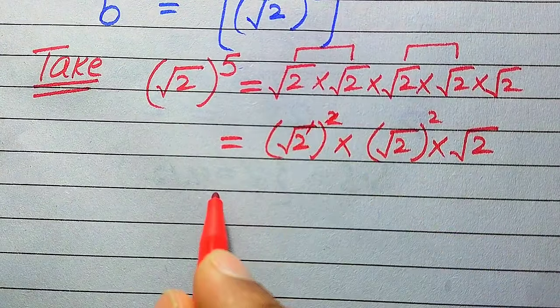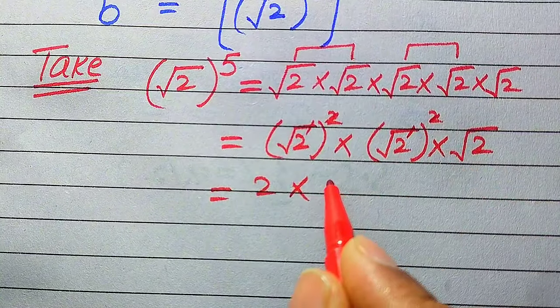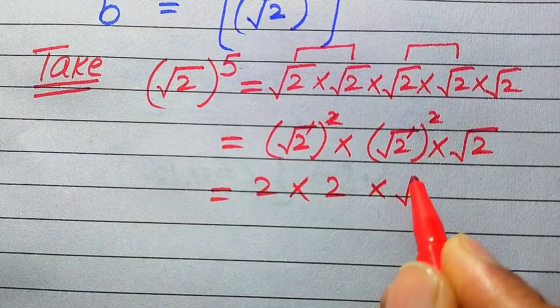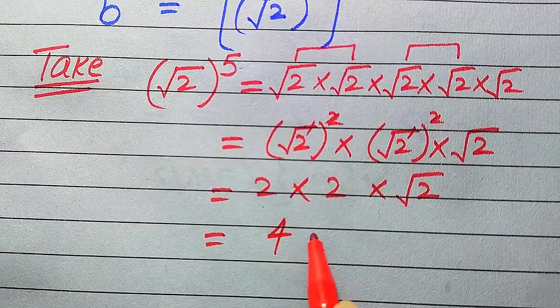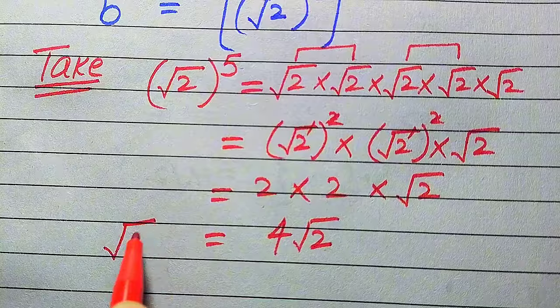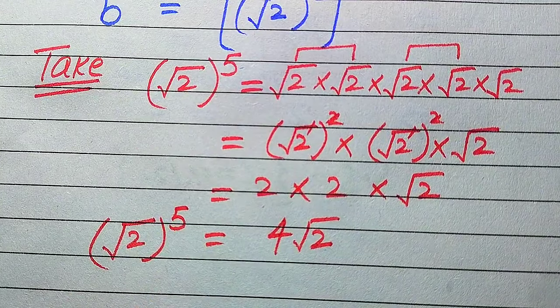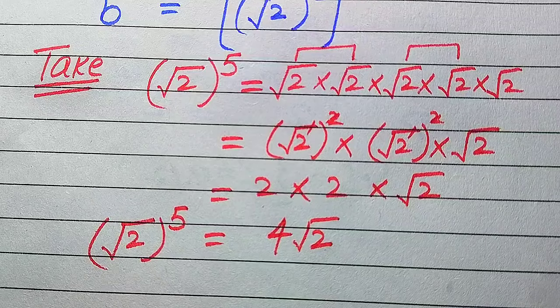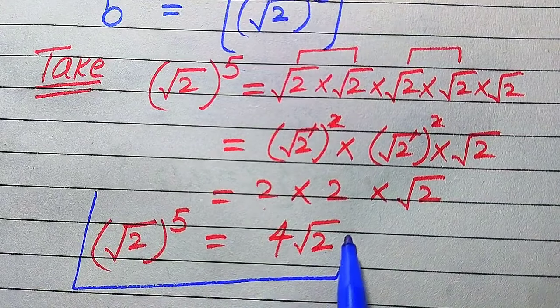So this square and this square root are gone, and we get 2 multiplied by 2 multiplied by square root of 2. So 2 times 2 becomes 4 times square root of 2. So it means that the value of square root of 2 to the power of 5 is equal to 4 times square root of 2.